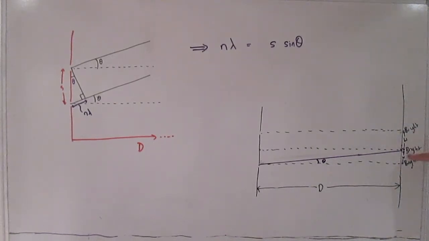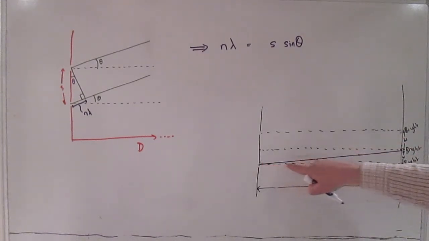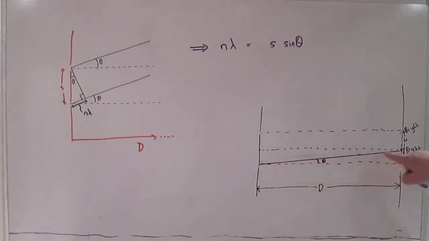So we've got w, and we've got d, and we've got theta. Now what trigonometry tells you is that w divided by d is equal to the tangent of theta. However, provided theta is a very small angle, the length of this line here, the diagonal one that goes from there to there, is only very marginally different from d.